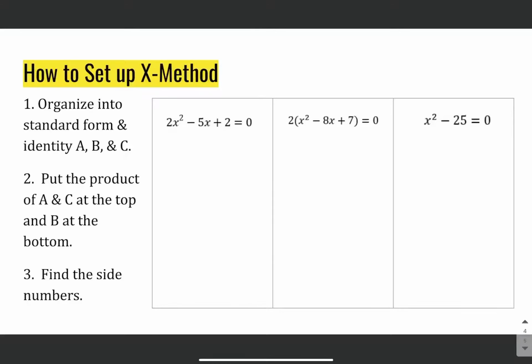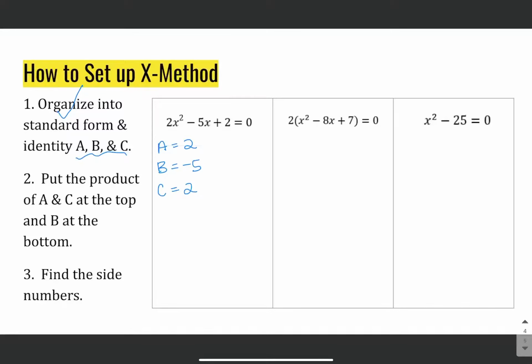So the first thing we're always going to do is organize into standard form and identify A, B, and C. Now for these example problems, I already have these organized for you. We just need to identify A, B, and C. Okay? So looking at this problem, hopefully we know that A is equal to 2, B is equal to -5, and C is equal to 2 as well.